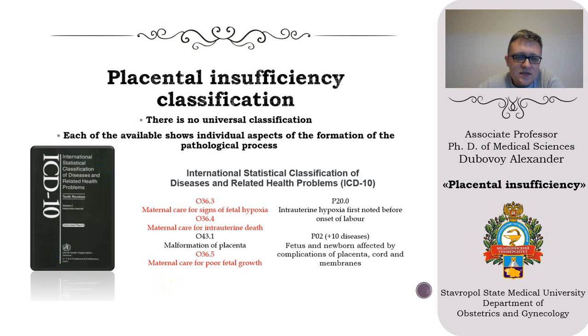According to ICD-10, we can attribute the following conditions to placental insufficiency. Obstetricians most often use codes starting with the letter O: O36.3, maternal care for signs of fetal hypoxia; O36.4, maternal care for intrauterine death; and O36.5, maternal care for poor fetal growth.